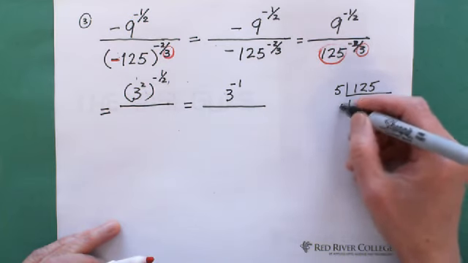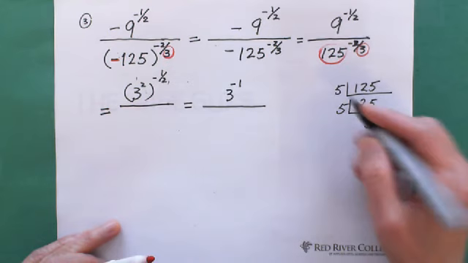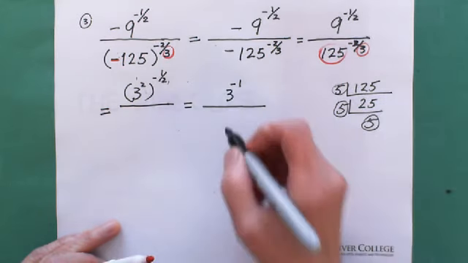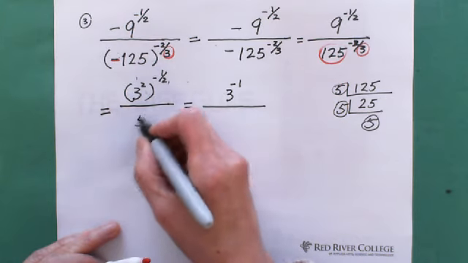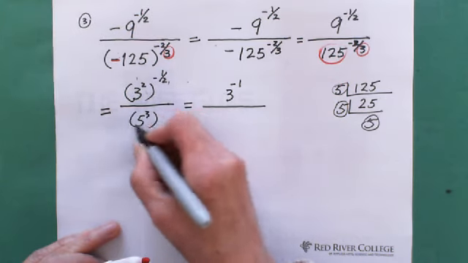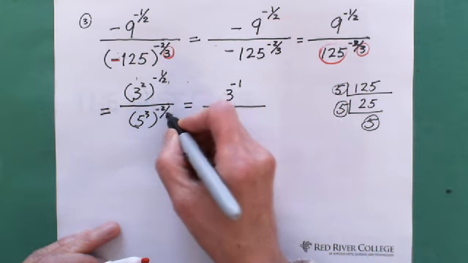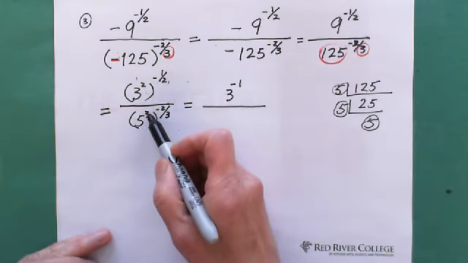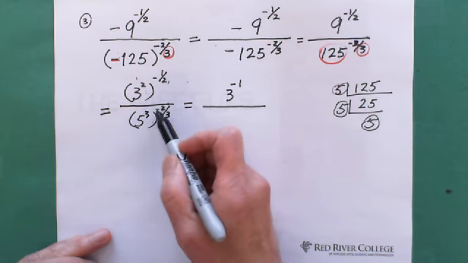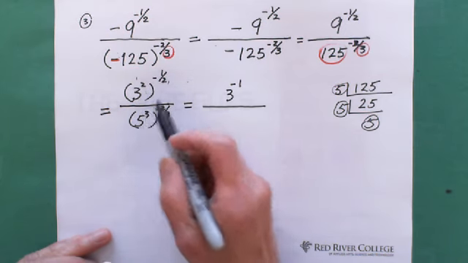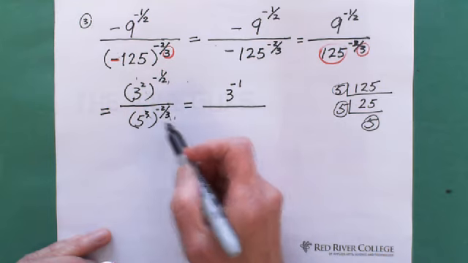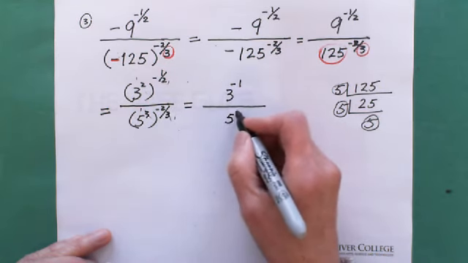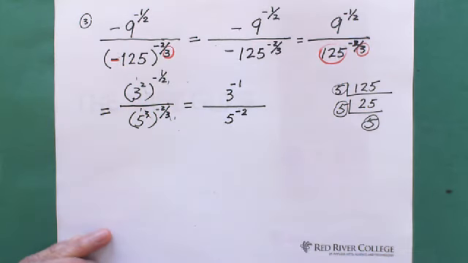And dividing by 5 again, we get 5. So we have three 5s, which is 5 cubed. So we can write 5 cubed to the negative 2/3 exponent, right? And the same thing, the 3 is 3 over 1, multiplied by negative 2/3, these 2 can be cancelled, right? So then we get 5 to the negative 2 exponent.